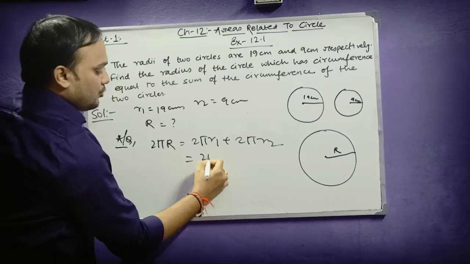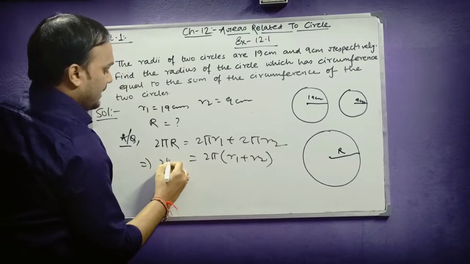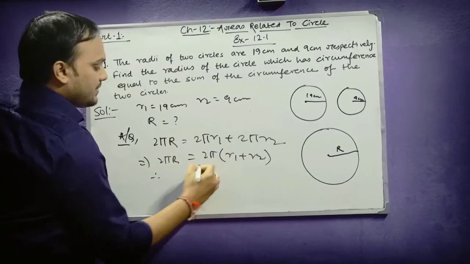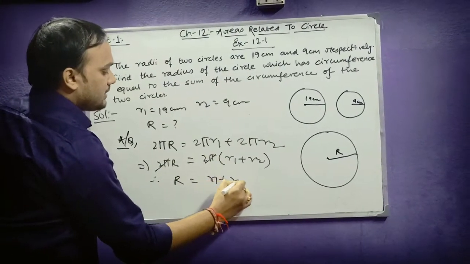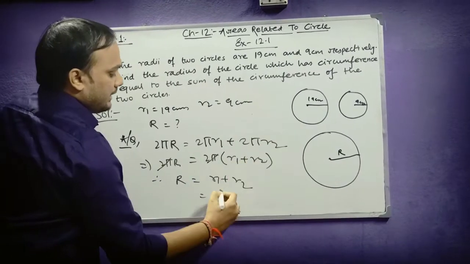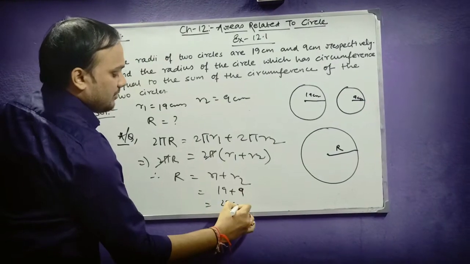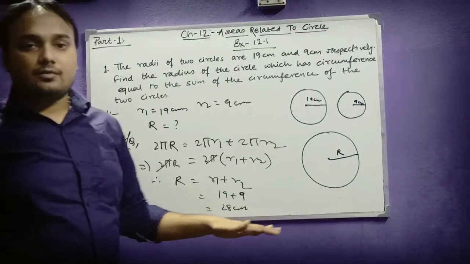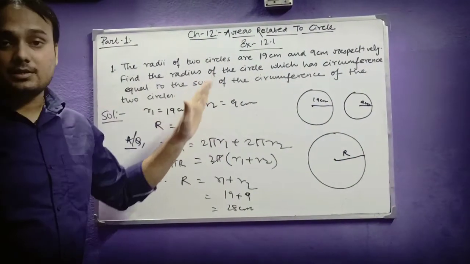That means 2 pi (R1 plus R2) equals 2 pi R. If I cancel 2 pi from both sides, it will be R equals R1 plus R2, and R1 is 19 and R2 is 9. That means 28 centimeter will be the radius of the required circle, which is what we are asked here. So our answer is 28 centimeter.